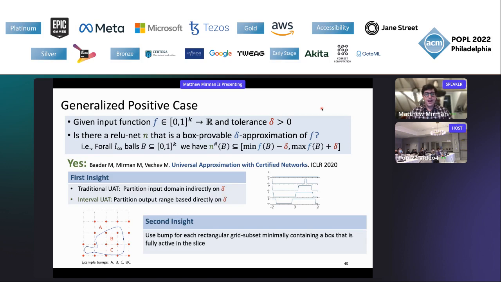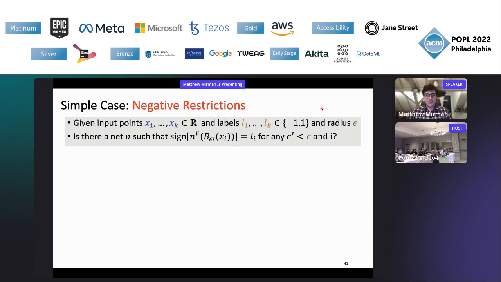Of course, now we're talking about a network that is the size of a power set of a grid on the input and output domains, and this is not feasible. So we're still left with some questions about whether it's actually possible to train certifiable neural networks.